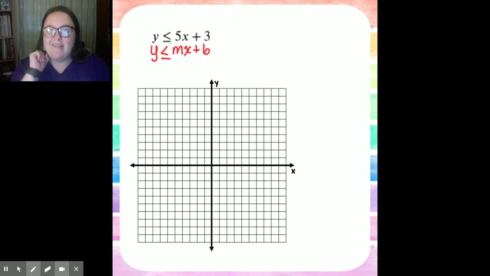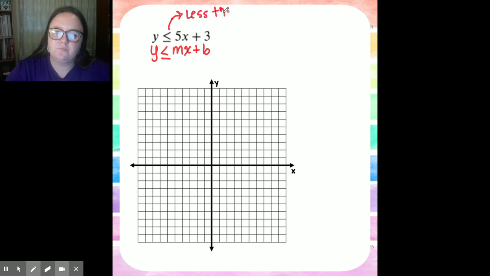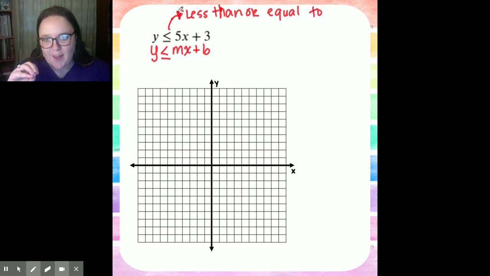So I know it's a less than symbol. So it's a less than or equal to. Okay, I'm going to write that over to the side. This symbol is a less than or equal to. And that will make sense in just a minute. We're going to come back to this at the end of graphing.